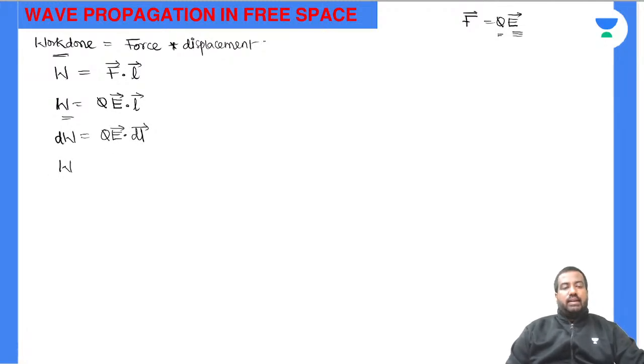From this, work done is Q into integral of E dot dl.